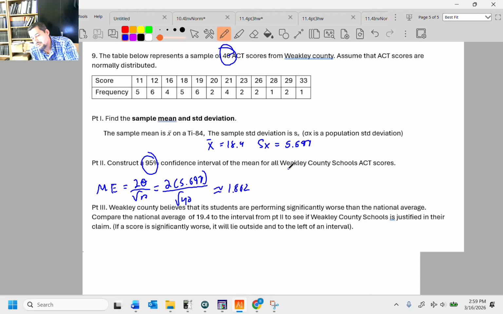Now remember, you're going to do your confidence interval. The number on the left is going to be 18.4 minus that thing. The number on the right is going to be 18.4 plus.